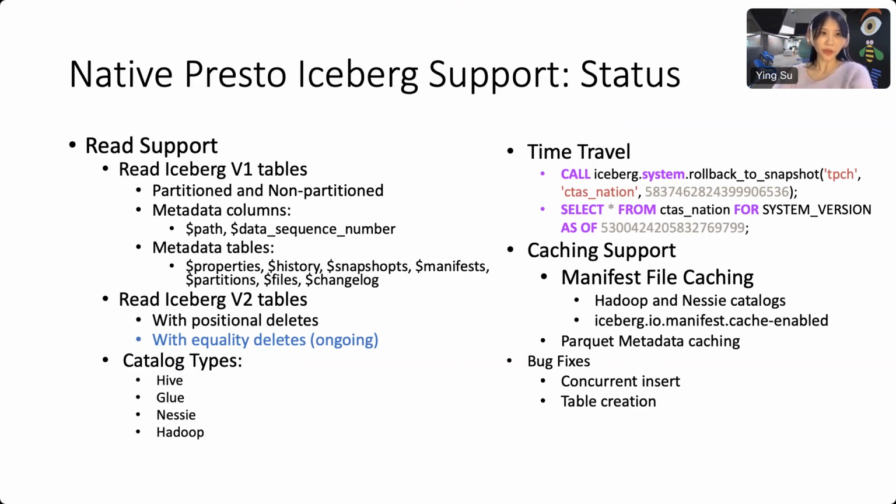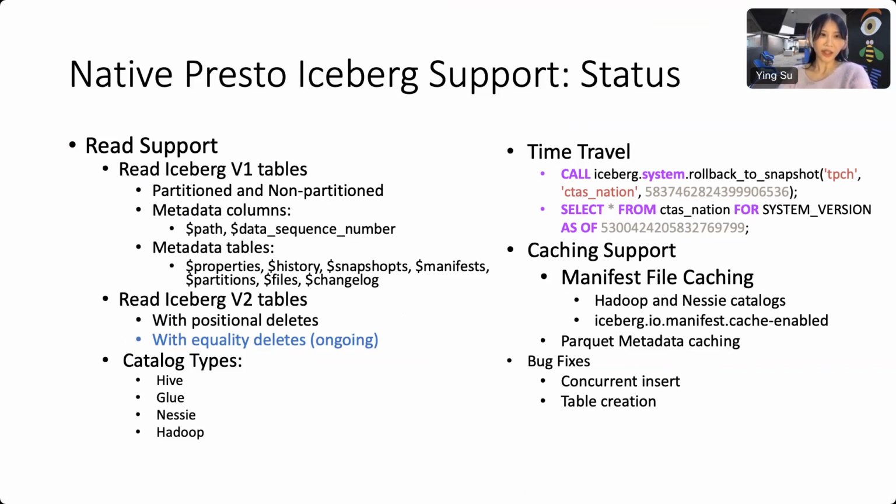And in addition to the data columns, the user can query Iceberg specific metadata columns like data sequence number and path, and also some metadata tables like properties, histories, snapshots, manifests, and change logs. And for the Iceberg v2 tables, which include deletes, we have already supported the positional deletes.